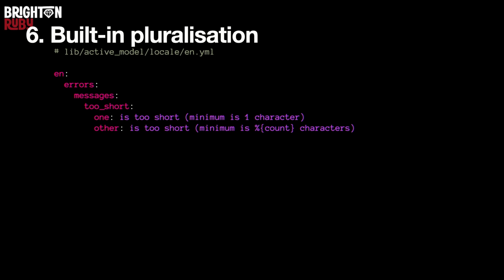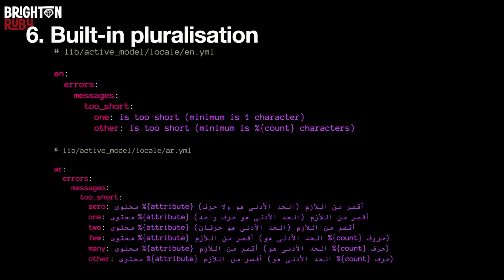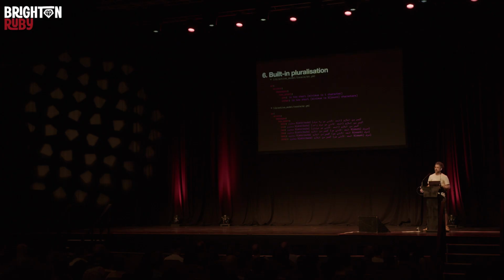I18N comes with built-in pluralization support. So this helps us output grammatically correct sentences based on the number of a thing. In English, our pluralization rules are fairly simple. We have two forms, singular and plural, but things can get a lot more complicated in other languages. I18N takes care of all this for us, and whilst we're not necessarily interested in pluralizing in Arabic, we can still use this feature to our advantage.